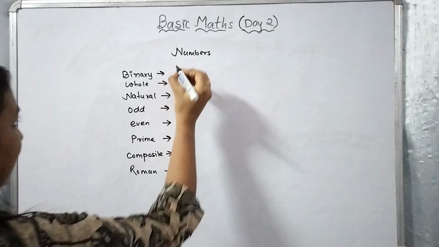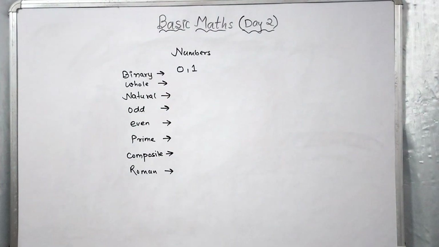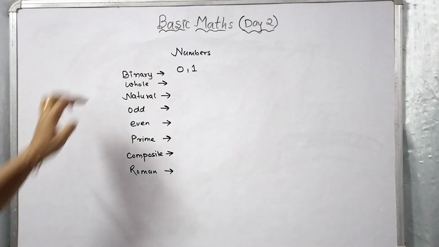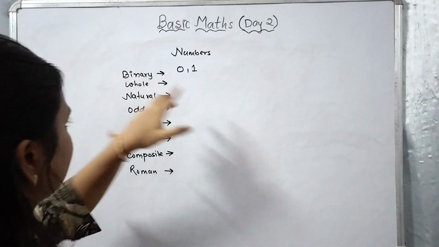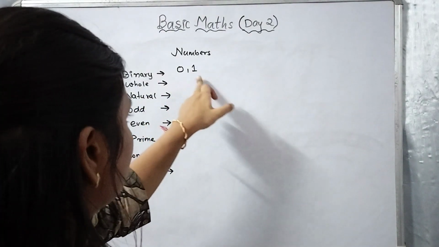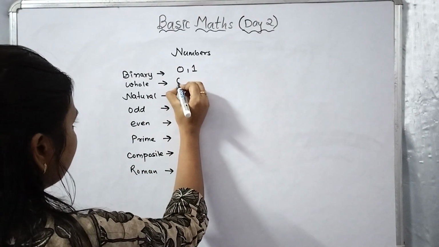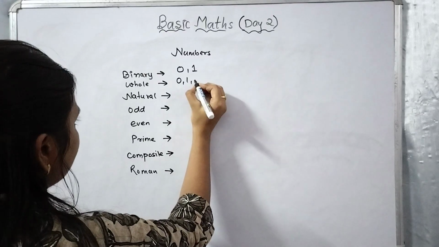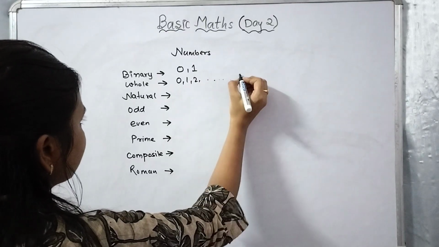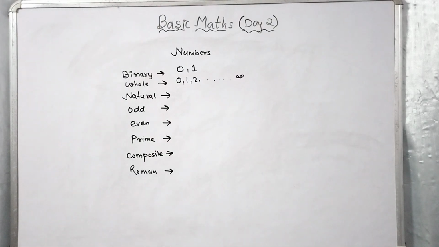So binary numbers are 0 and 1. Fine? Binary number only possesses two numbers. Bi means two, so this is the reason it is called binary, because it consists of only two numbers, that are 0 and 1. Whole number is where 0, 1, 2 continues till infinity. Any number that starts from 0 is called a whole number.